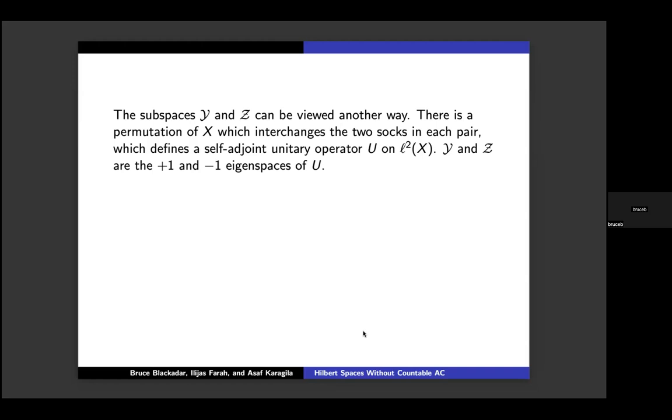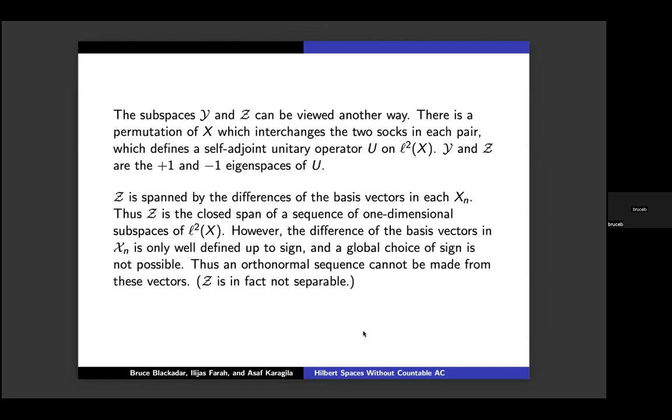Okay, so let's look at this subspace Z. This is quite an interesting Hilbert space. It's spanned by the differences of the basis vectors in each of the Xn's. So it's a closed span of a sequence of 1-dimensional subspaces. But the problem is that the difference of the basis vectors is only well defined up to sign.